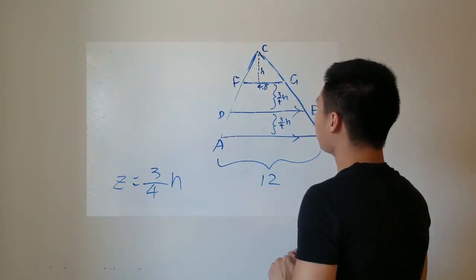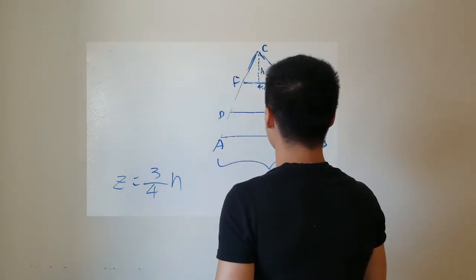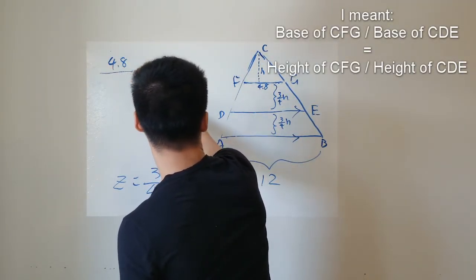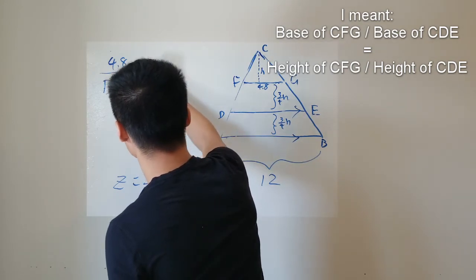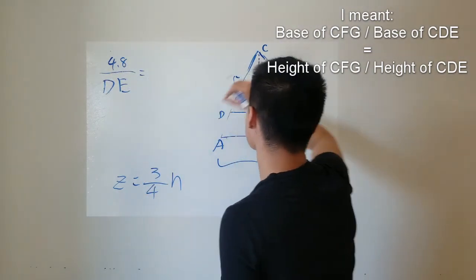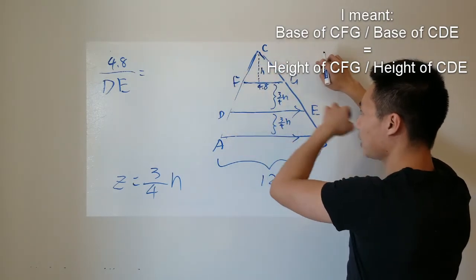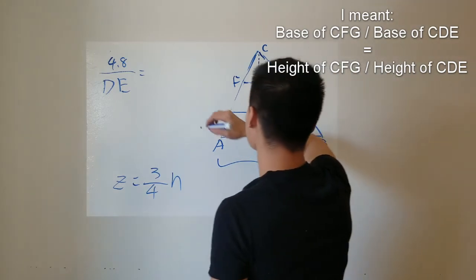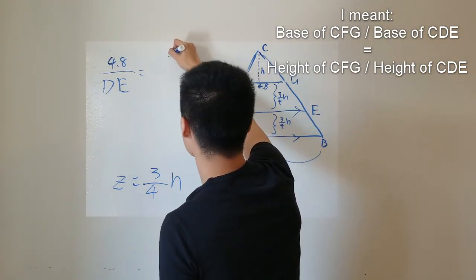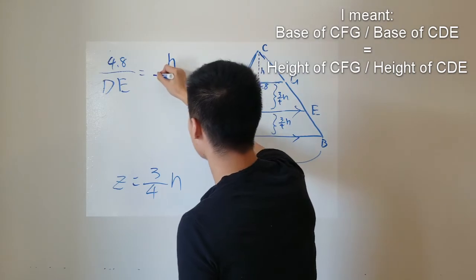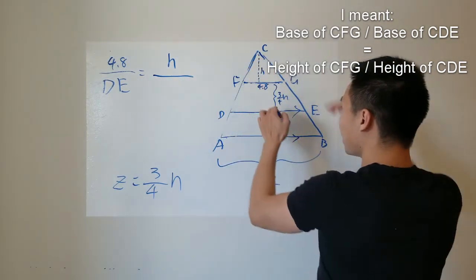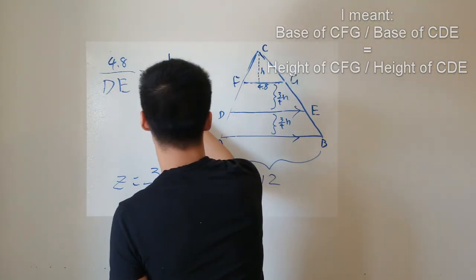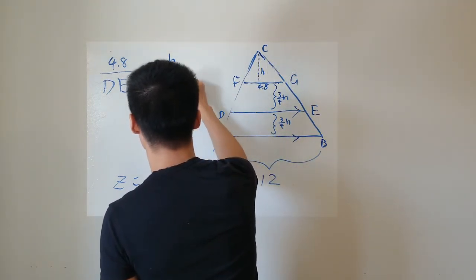We know that 4.8, right, to the height of DE, right? So the smaller to the larger, smaller is the CFG, larger is the CDE, right? 4.8 to DE, this ratio must be the same as the height of the smaller, which is H, over the height of the larger, which is H plus 3/4H, which is 7/4H, right?